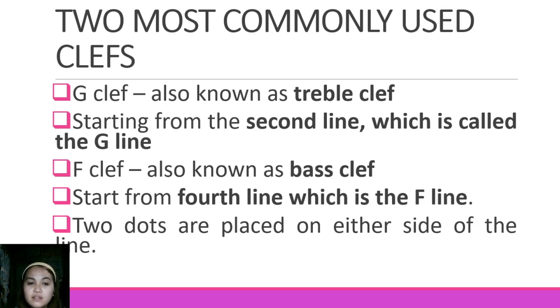And the F-clef is also known as the bass clef. The F-clef is used for low instruments. It starts from the fourth line, which is the F line. Two dots are placed on either side of the line.